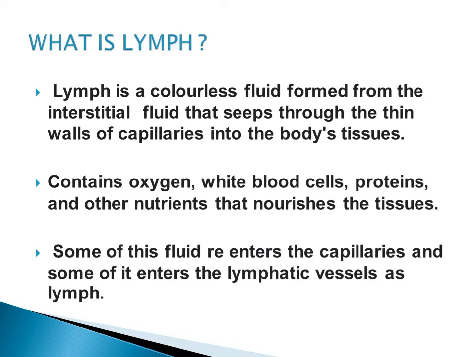So the lymph comes out of the blood vessels, out of the capillaries, and it is colorless. It consists of white blood cells, proteins, oxygen, and other nutrients. After nourishing the tissue, the major amount of it will enter a separate system called the lymphatic vessels. So that is what we call a lymph.